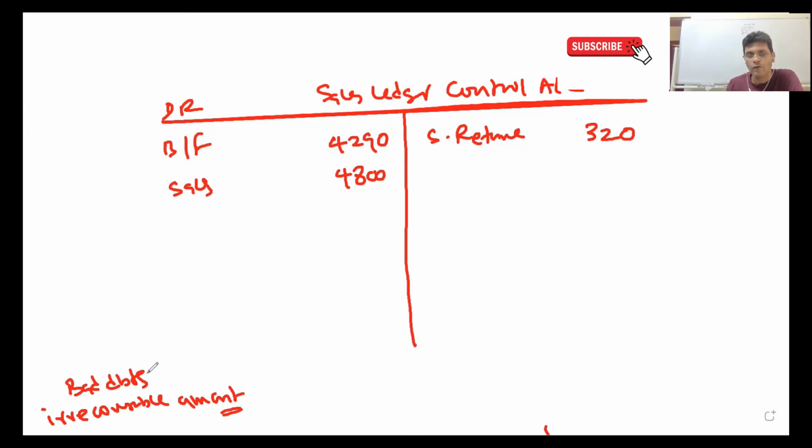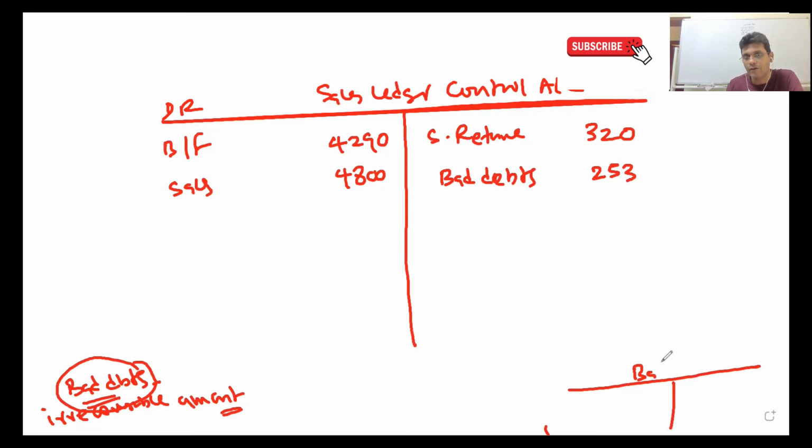To write it off, you need to remove it from the sales ledger control account. So you have to credit the sales ledger control account with bad debts, the amount is 253. You credit the bad debt amount to the sales ledger control account and debit the bad debts expense account. This is an expense.